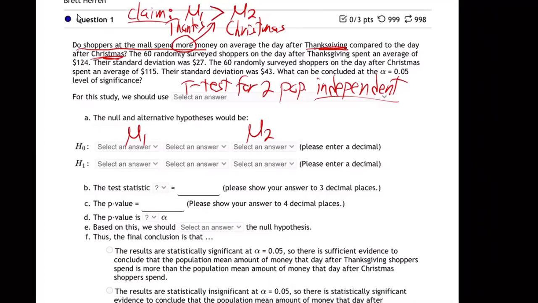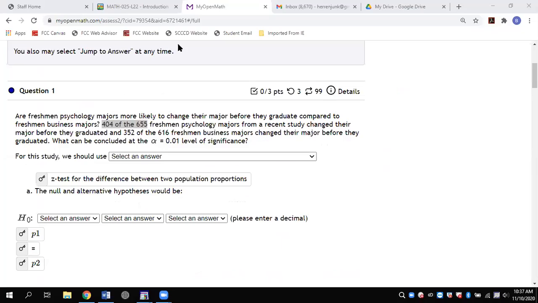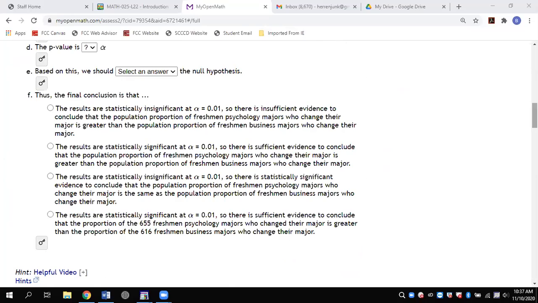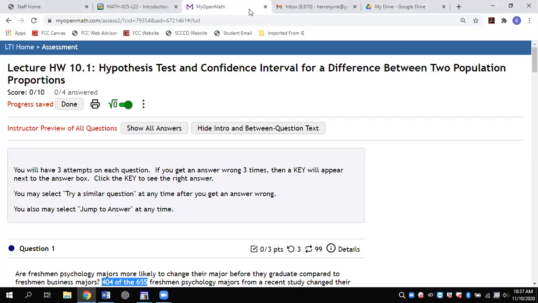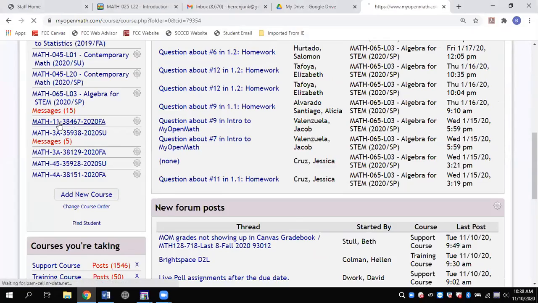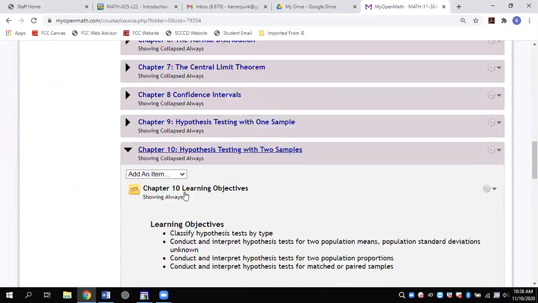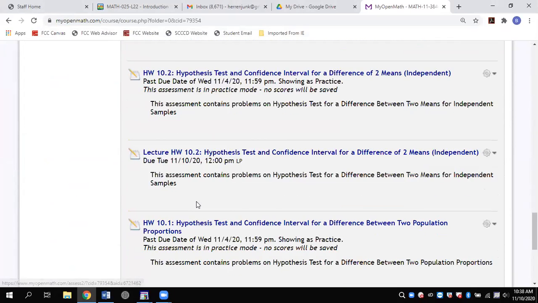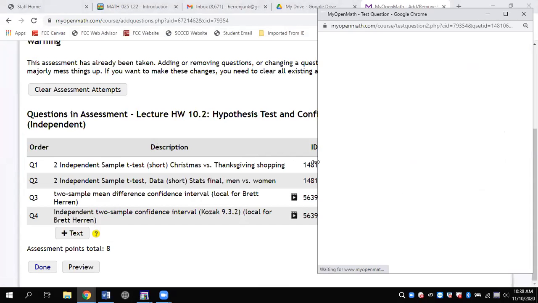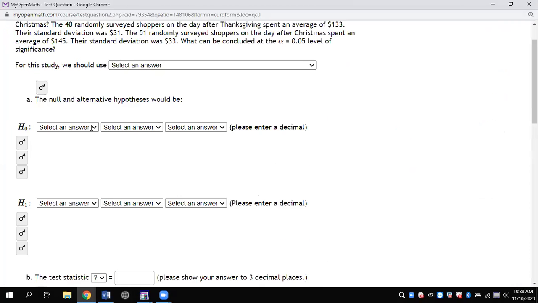Let me see how it is on the homework screen here. Yeah, so it's going to say mu1.